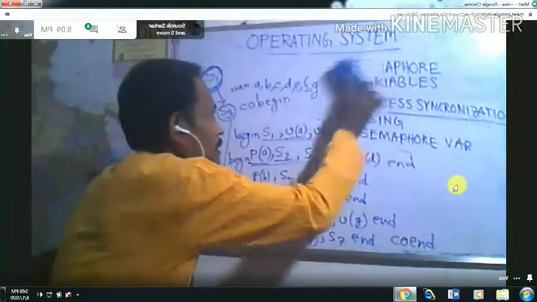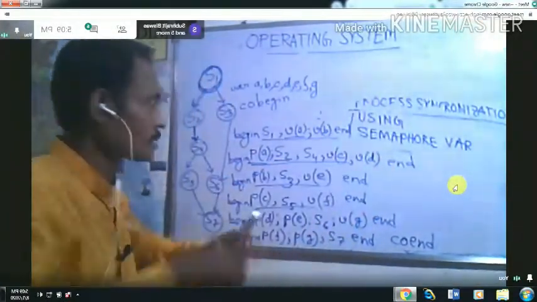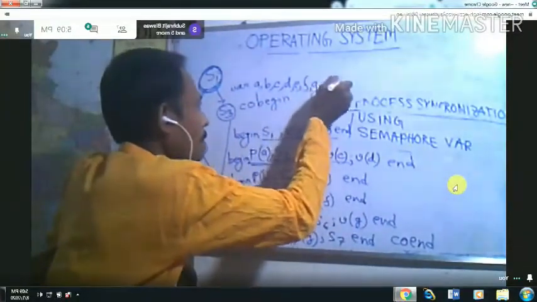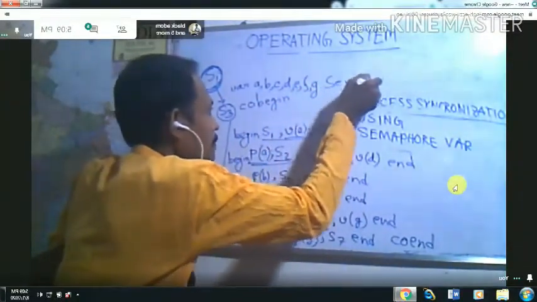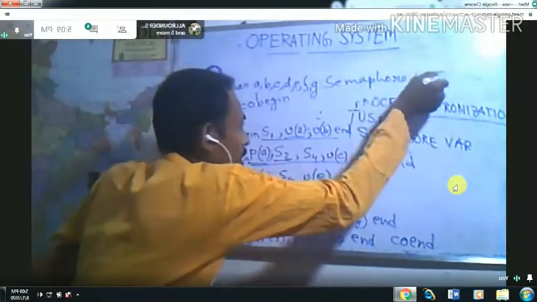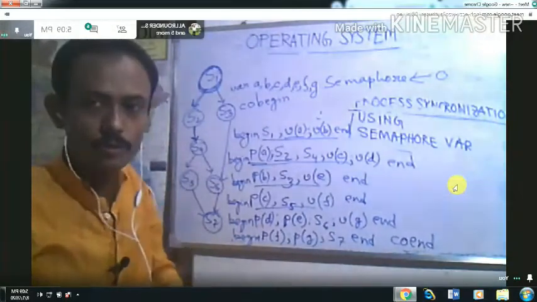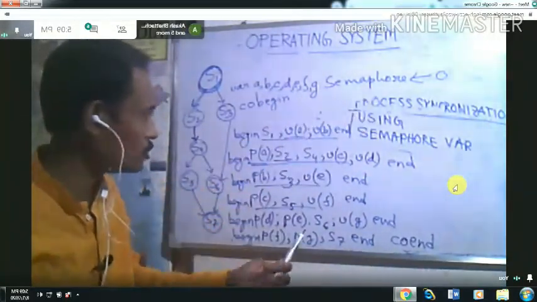They are semaphore variables, and initially all will be assigned as 0.